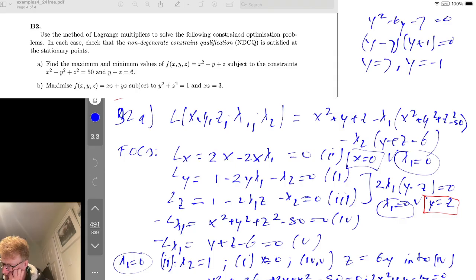So that's using 5. We haven't used 4 yet, and we haven't used 1 yet.